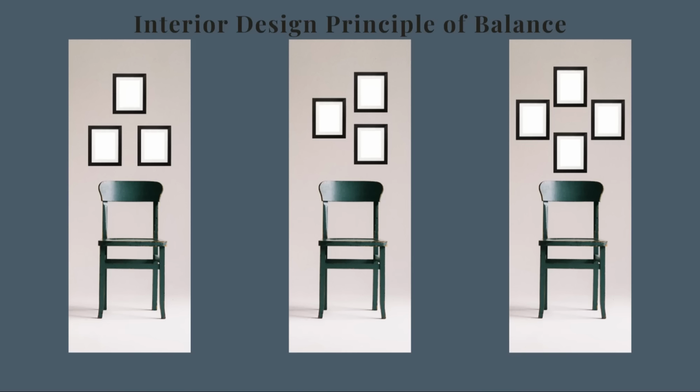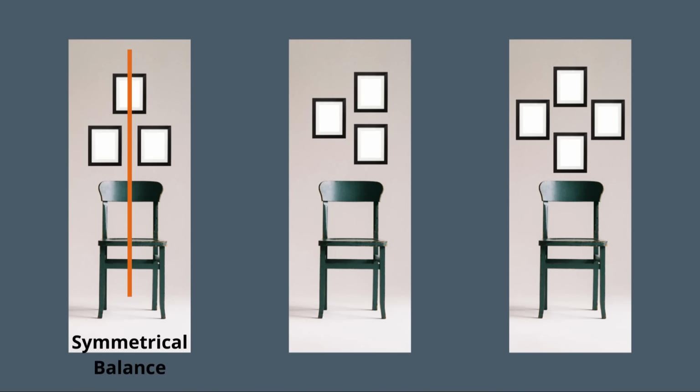That means we can organize different items in a room, either in a symmetrically balanced way, where everything is based on a central axis, but is the same visual weight on either side of that central imaginary axis line.